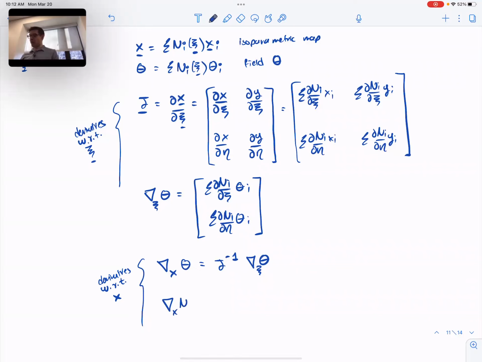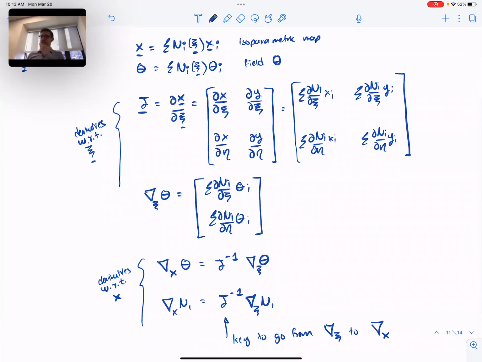The shape functions are functions of psi eta, but if you want to take the derivatives with respect to xy, all you have to do is multiply the inverse Jacobian by the derivative with respect to psi. So this inverse Jacobian is what allows you to go between derivatives with respect to psi and derivatives with respect to x. And this is just because of the chain rule. Questions?